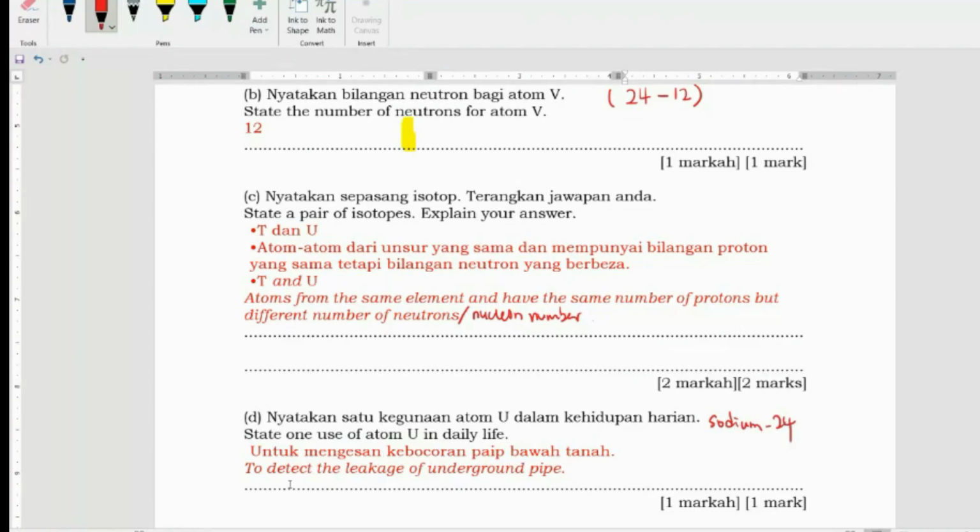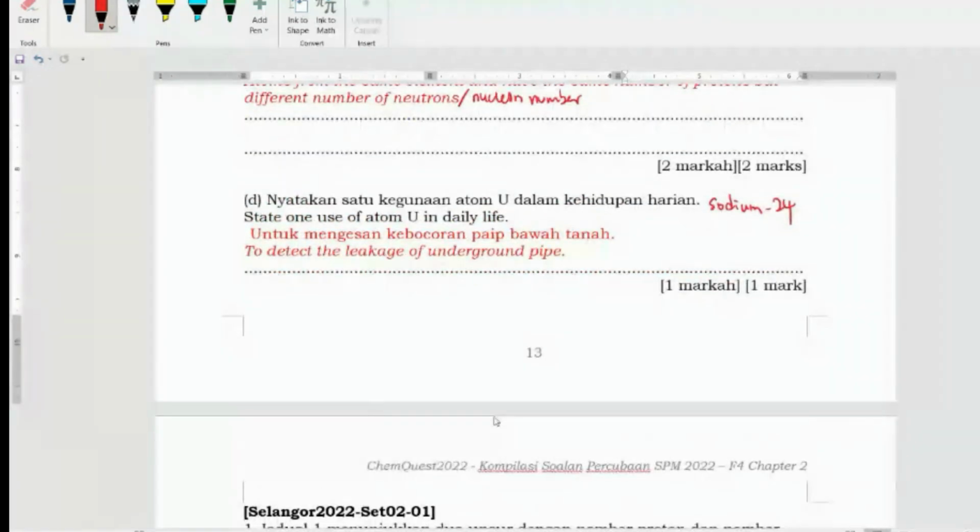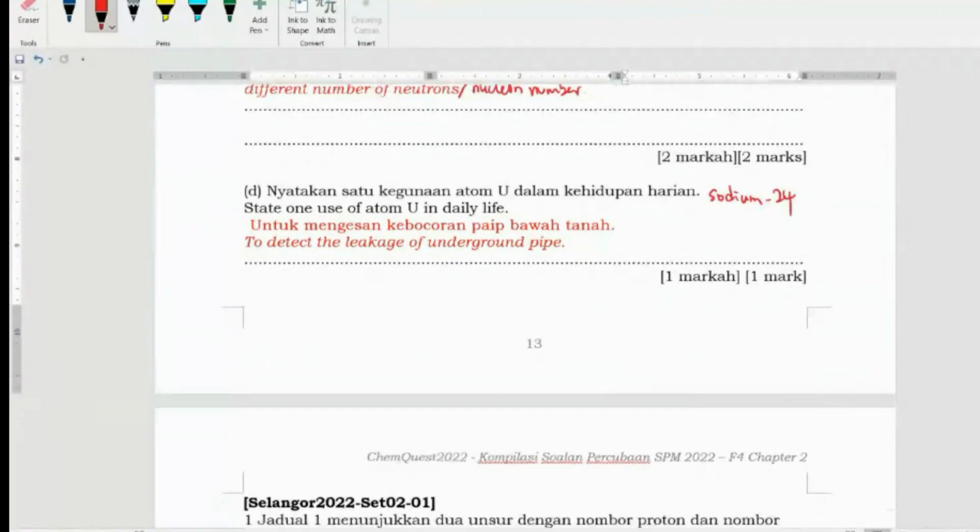Detect the leakage of underground pipe lah untuk kebocoran air bagi pipe bawah tanah itu. Untuk Willy yang Willy sebut tadi itu pun boleh. Okay, good. Next.